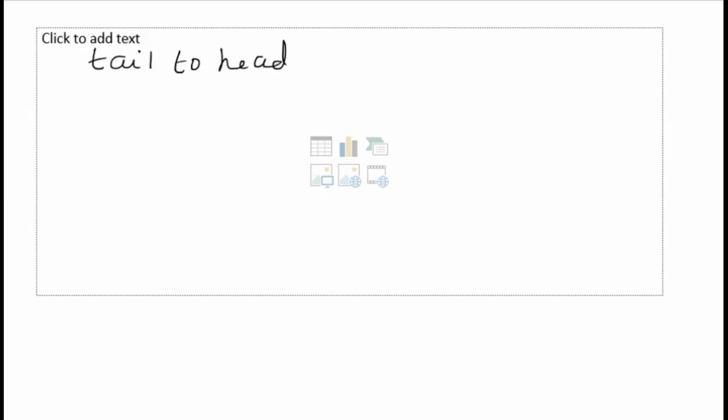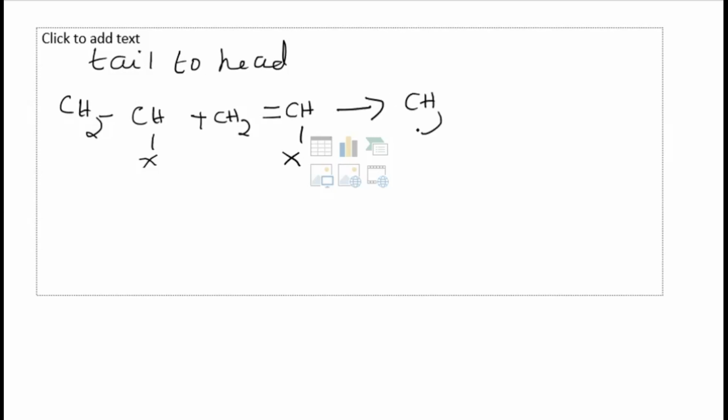Tail to head addition. CH2 single bond CHX plus CH2 double bond CHX gives CH2 single bond CHX CH2 single bond CH dot X. So this is the tail of this monomer.